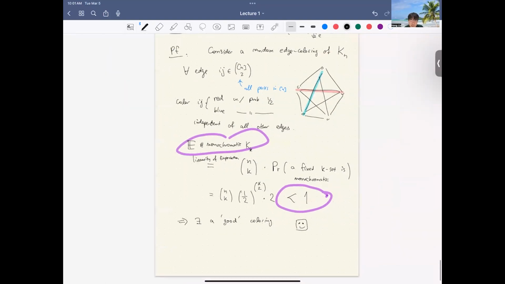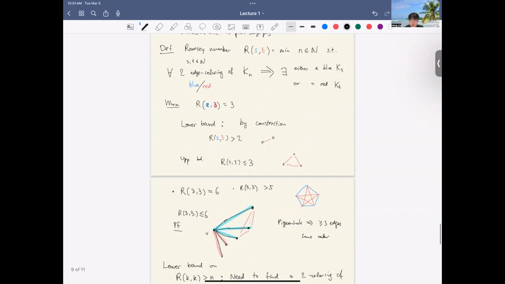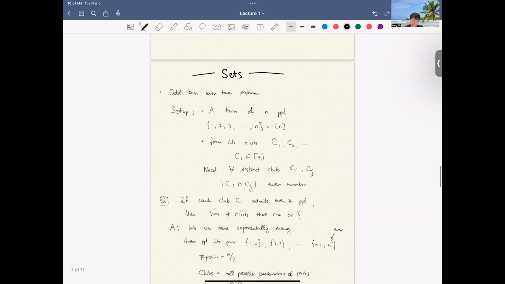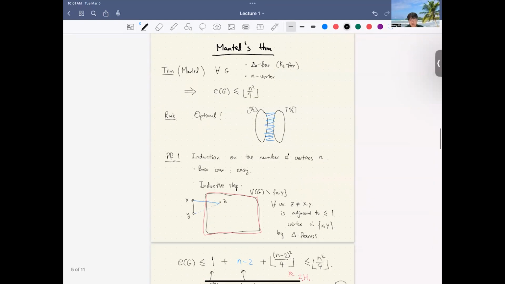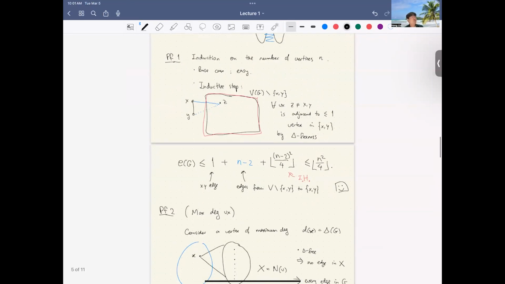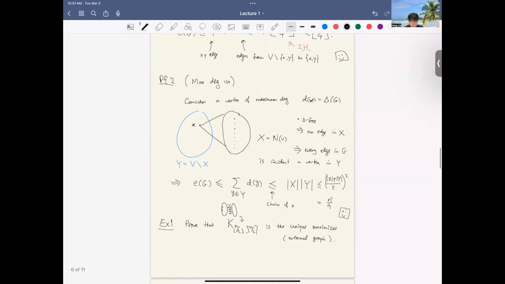To summarize, we saw three different types of statements. The first is subgraphs, where the discrete structure is graphs. We studied Mantel's theorem, the subgraph containment problem. We used pure combinatorial proofs, induction, and some other combinatorial proofs using maximum degree.